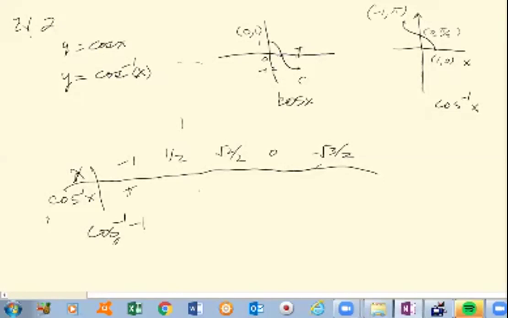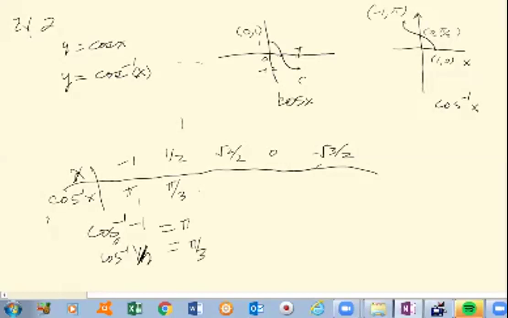Same thing here, we want a half. Well, this would be the cosine of pi over 3. So the inverse cosine, the first one here was pi. Next one, 1/2 would be pi over 3.